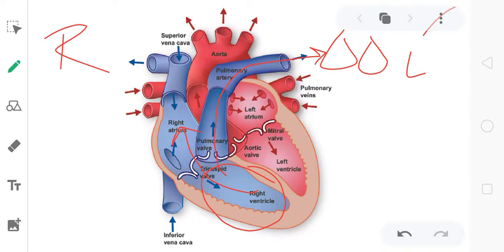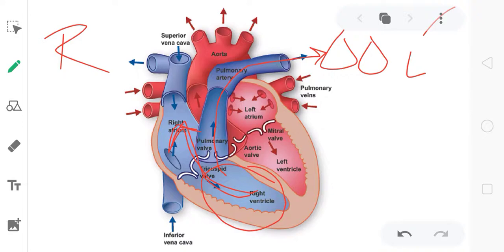Blood will congest in the right ventricle and right atrium, so there will be backflow of the blood, and this backflow will cause systemic congestion, or systemic circulation congestion.